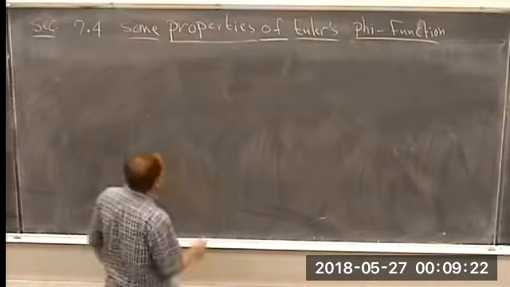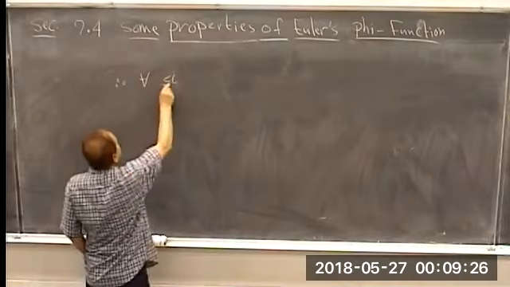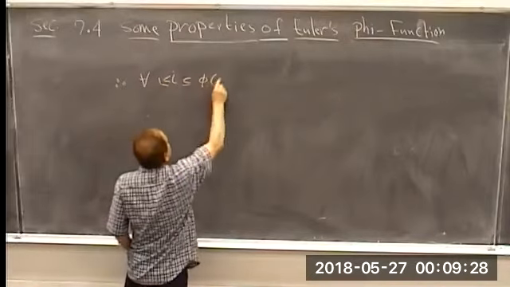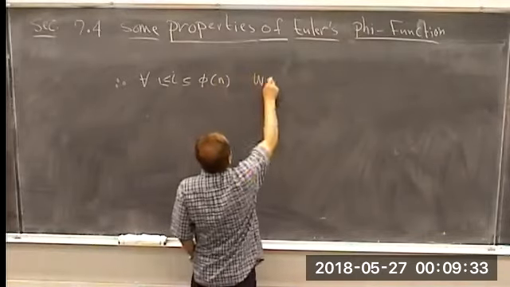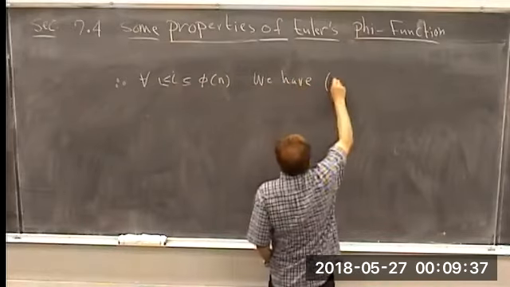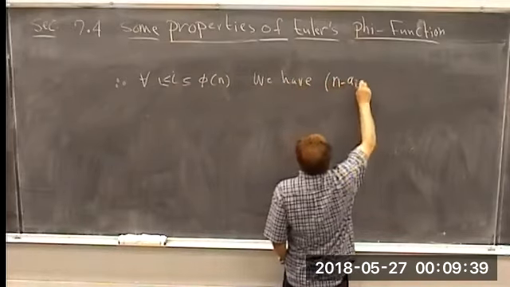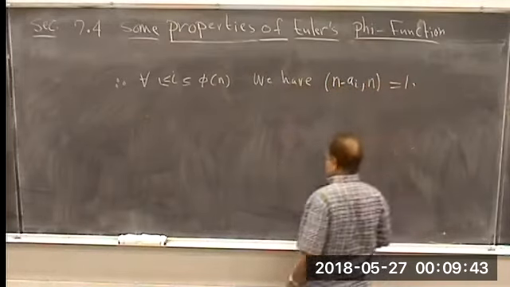So therefore, for every i between 1 and phi of n from the claim, we have gcd of n minus a sub i and n is equal to 1.